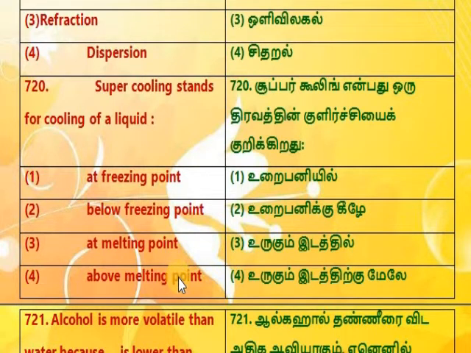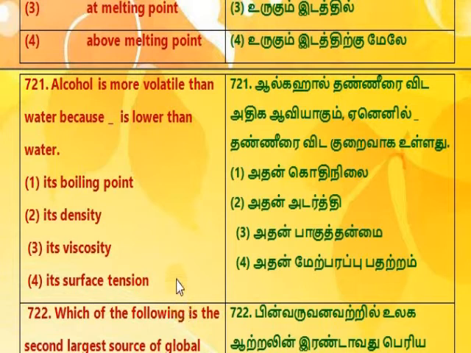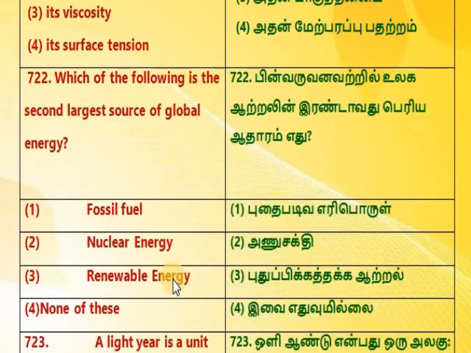Below freezing point. 3. At melting point. 4. Above melting point. 721. Alcohol is more volatile than water because underscore is lower than water. 1. Its boiling point. 2. Its density. 3. Its viscosity. 4. Its surface tension.